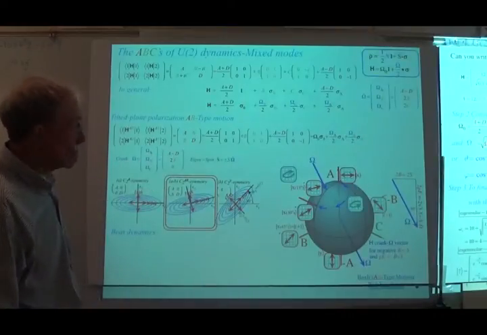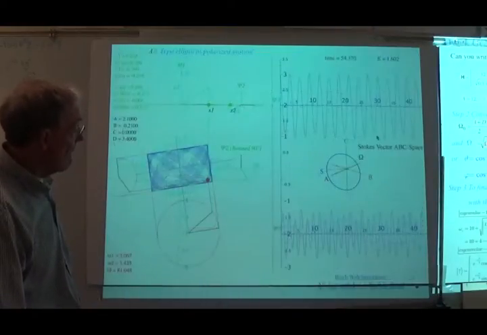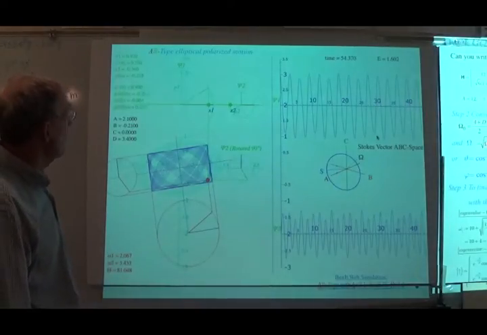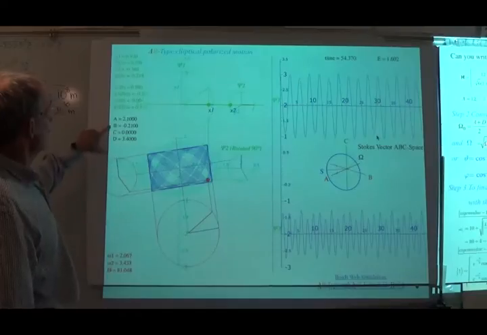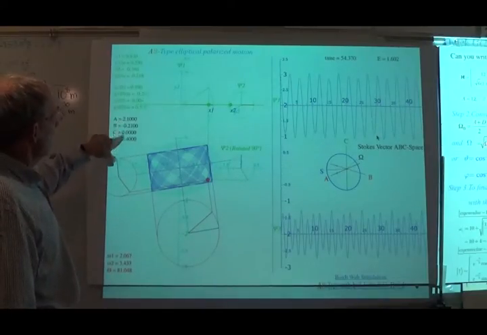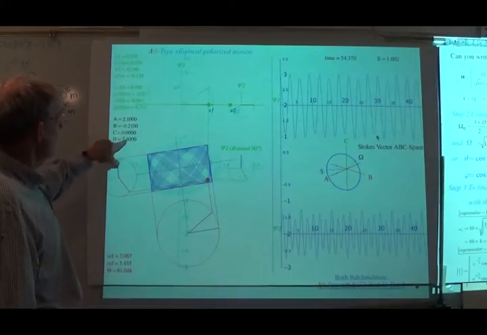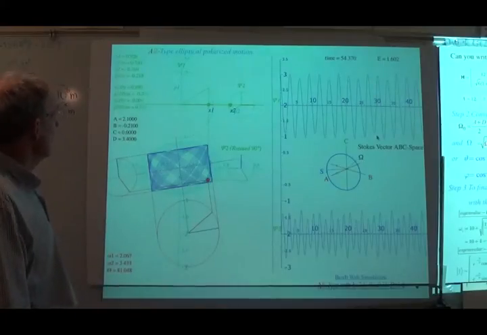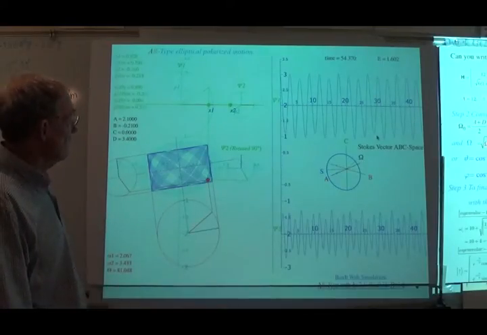Okay? And there's a typical example of that. Not very much of the B, and only a little bit of A minus D right here, 3.4 minus 2.1, okay?